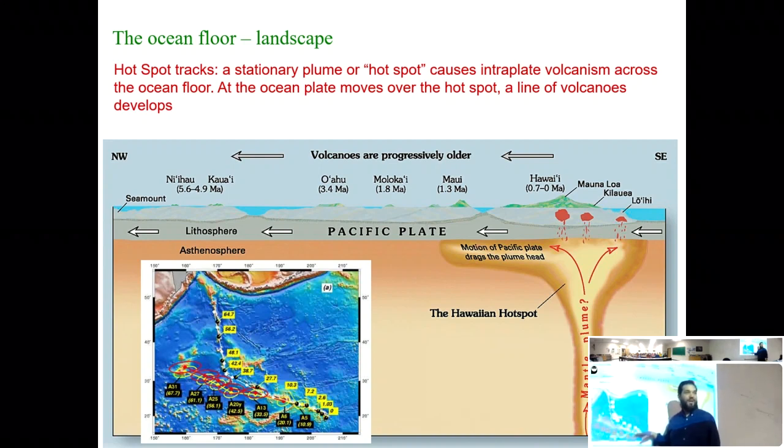There's a whole chain of seamounts, of old islands, that go from Alaska to Hawaii. Isn't that weird? You think Alaska is totally on the other extreme, right? But it really is true. So that's been happening for 65 million years.